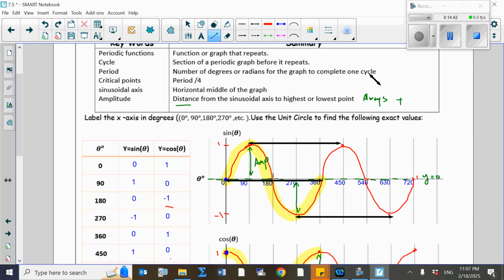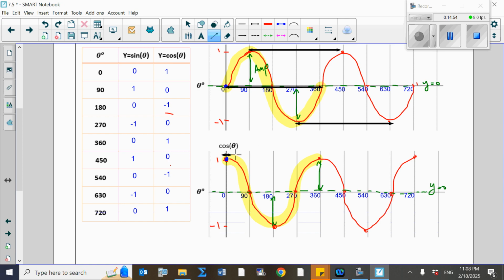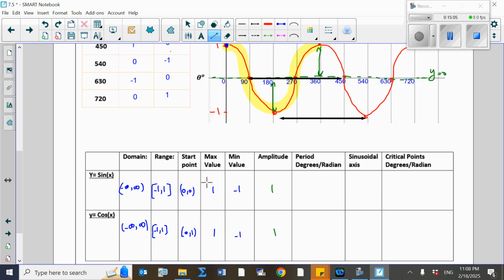But this point and this point, right after them, the function is going up, so they are repeating. So anyway, we said that in order to find the period of the function, just find the distance between 2 repeating points. Again, here, 2 high points, 2 low points, or two middle points. And the period was 360 degrees.